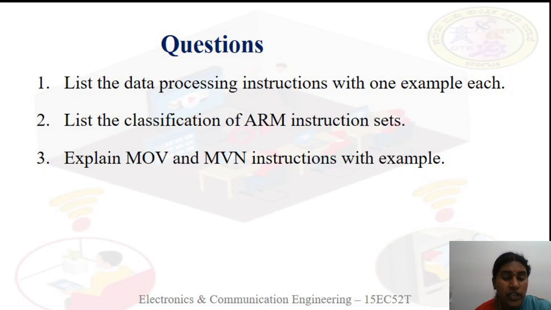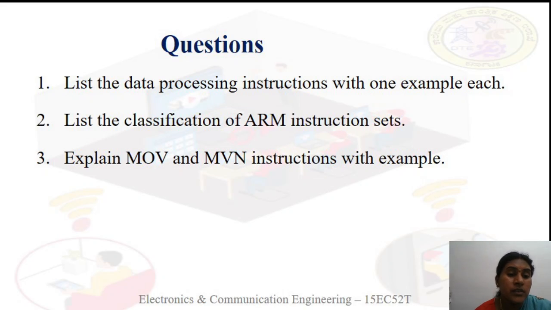List the classification of the ARM instruction set. Mainly our ARM instructions are classified into different types like data processing instructions, program status register instructions, software interrupt instructions, then branch instructions, then load and store instructions. You have to list the classification of the ARM instruction set.